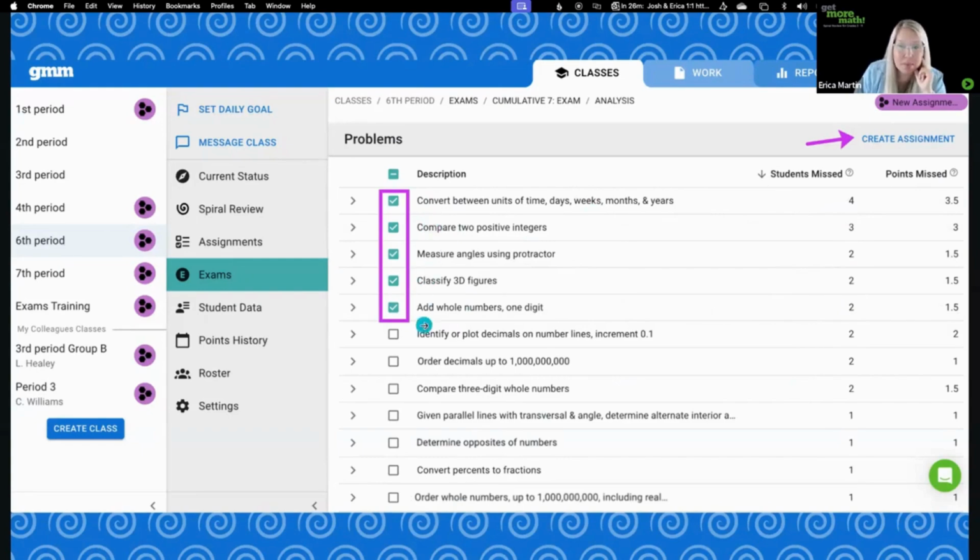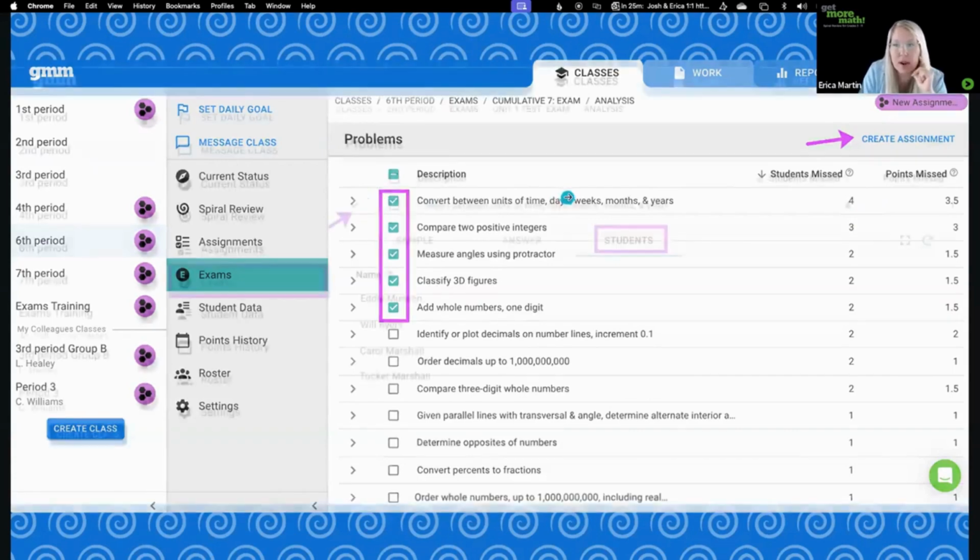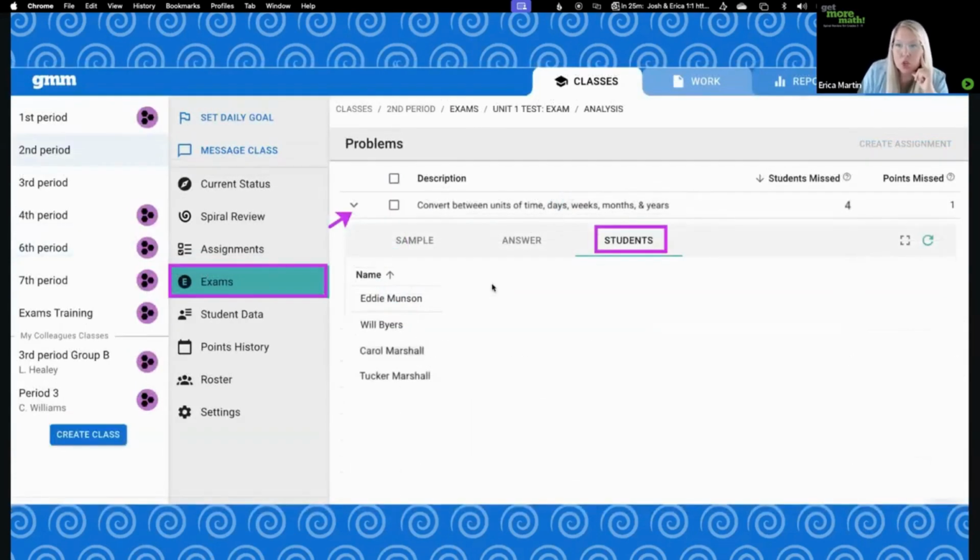You can select them. You can create another assignment based on those skills. If you're curious, who were the 4 students that missed that particular skill? No problem. You're simply going to click that drop down right there, and we will show you the 4 students that missed that particular problem.